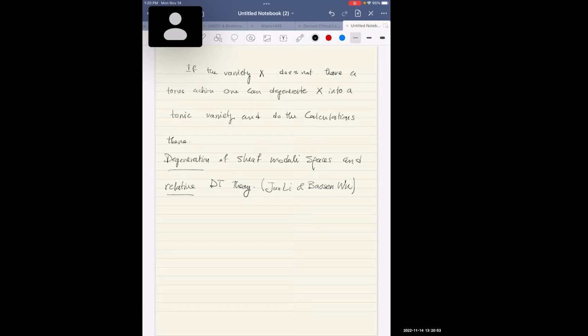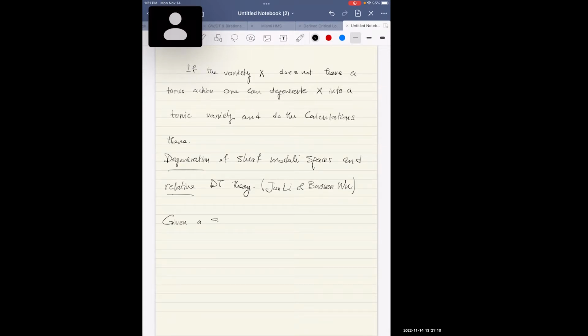So let us start a story. I tell you the story, and hopefully along the story, the meaning of the word degeneration and the meaning of the word relative, and the relationships, become clear to you, okay? So let's start the story. Here is the story.